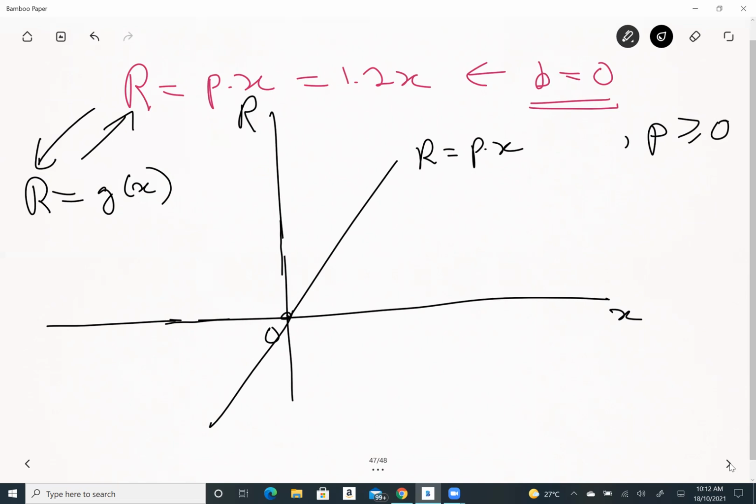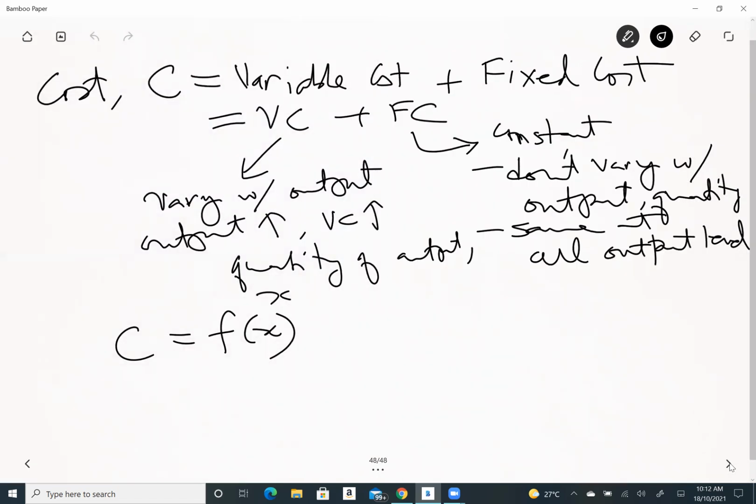Both are functions of X. Now, cost is a function of X. We denote that by f of X, and that consists of the variable cost plus the fixed cost. And fixed cost is a constant, which we already discussed.